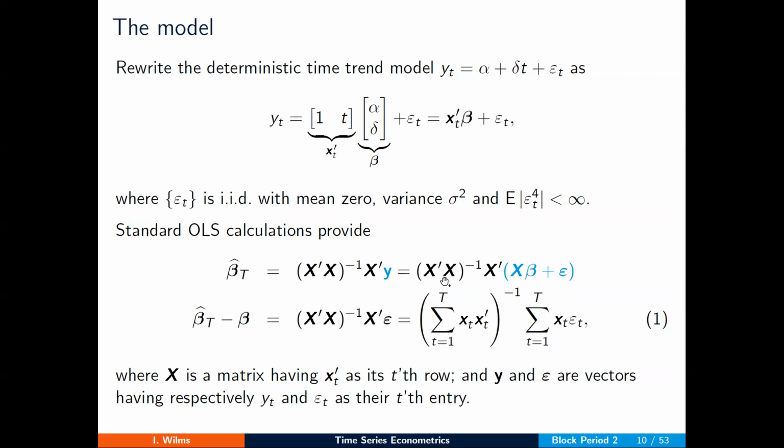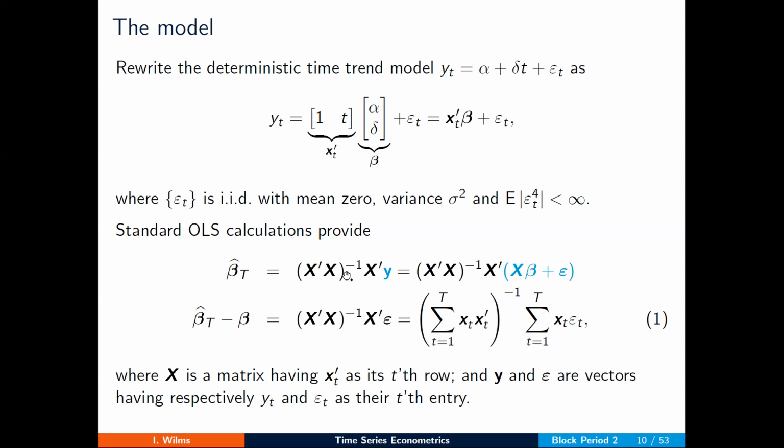For the first term, (X'X) inverse times X'X will just cancel out, giving the identity, such that only beta is left. On the next line, I've immediately brought beta to the left-hand side, such that you're only left with the second term over here. You should definitely be able to routinely perform these first steps as of now.